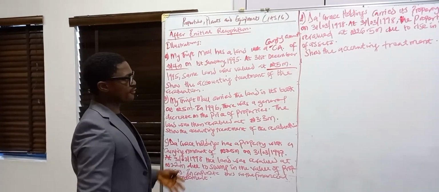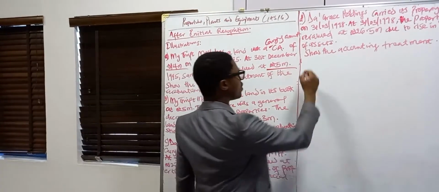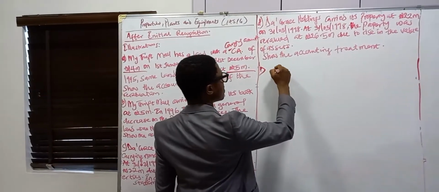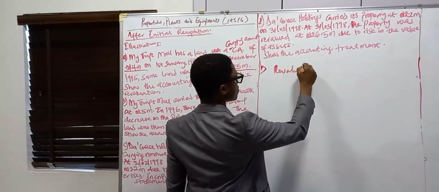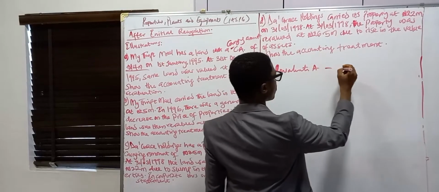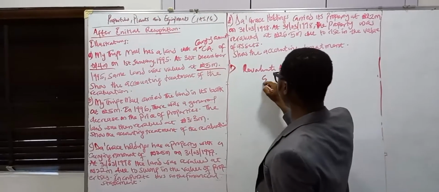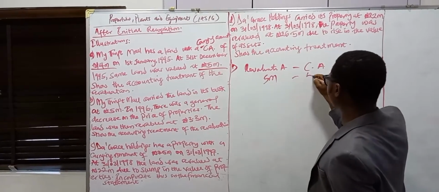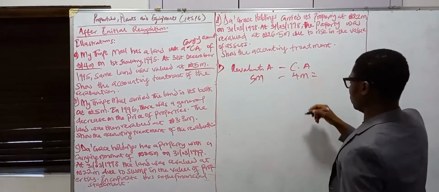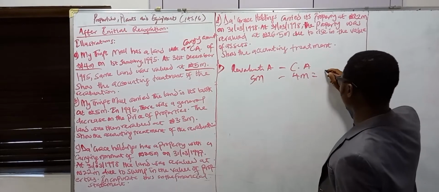What is the formula for revaluation? Formula for revaluation is revaluation amount minus carrying amount. Our revaluation amount here is 5 million naira. What is the carrying amount? 4 million naira.